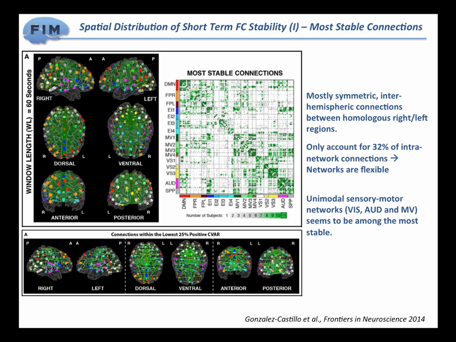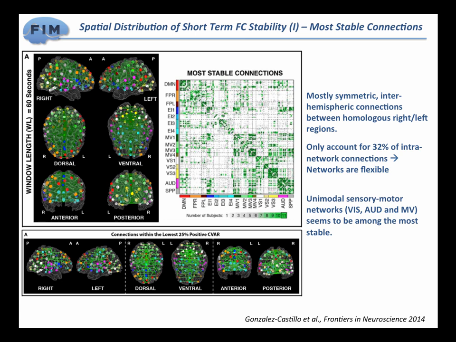And what we saw here, in this matrix in which the color indicates the stability, is that for the most stable connections, a lot of them are connections within the networks, which makes sense. If a network is to appear as a cohesive set of regions when you consider the whole time series, it has to be that even at certain periods, to a given extent, they have to be cohesive.